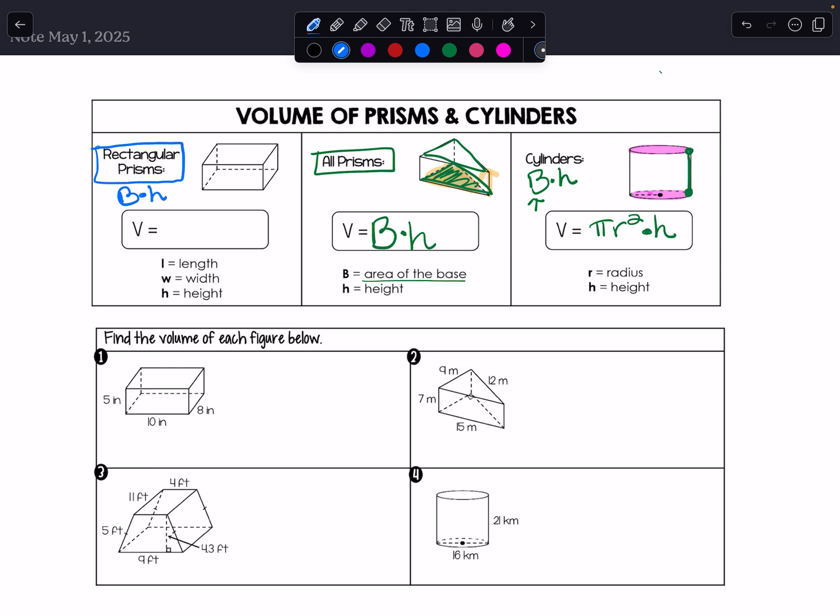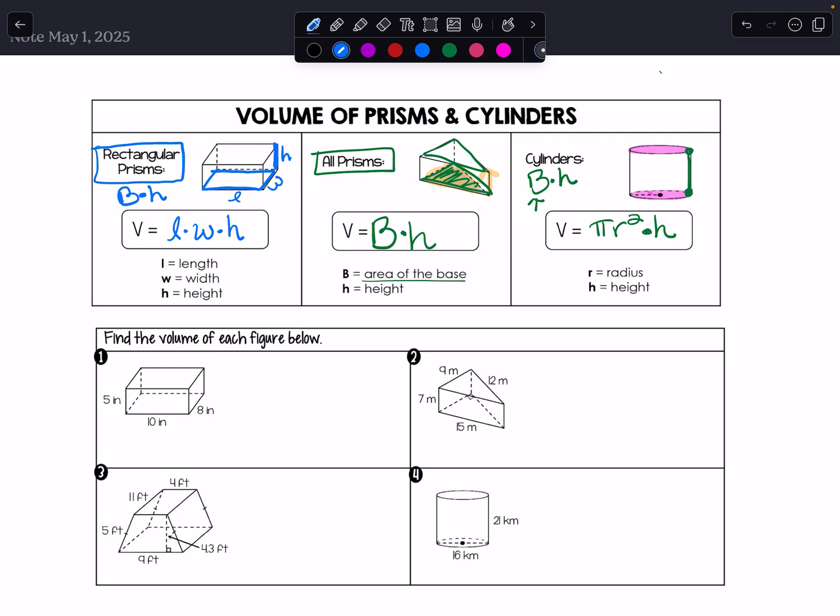But a rectangular prism is special because the bases are rectangles, and we know that the area of a rectangle would be length times width, or sometimes we call it base times height. If we called this the height, then we would need to call the base length times width. So it's just multiplying these three things together. But it's still area of the base times the height.